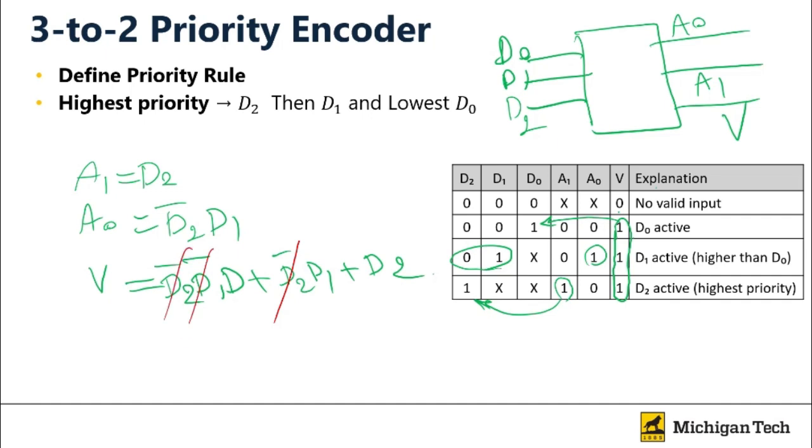So the result is D0 plus D1 plus D2. That's it. So this is how we design a priority encoder.